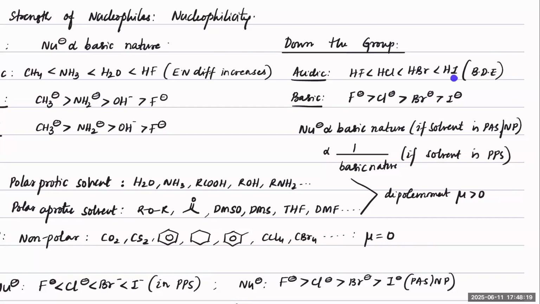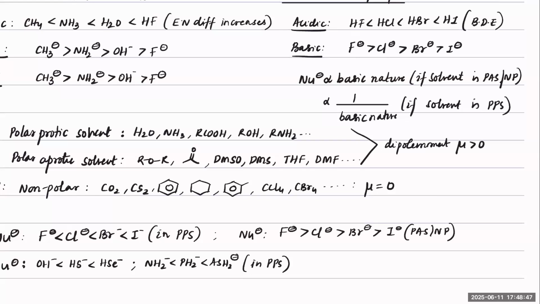The bond dissociation energy of HI is less, so it will act like a better acid, since it is easy to break. Which means I minus is the weakest base, and HF being a weak acid, F minus is the strongest base. Correct? This is the comparison of basic character. Now nucleophilicity is directly proportional to basic character as long as the solvent is polar aprotic or non-polar.